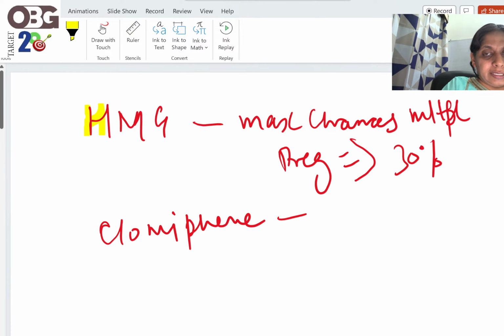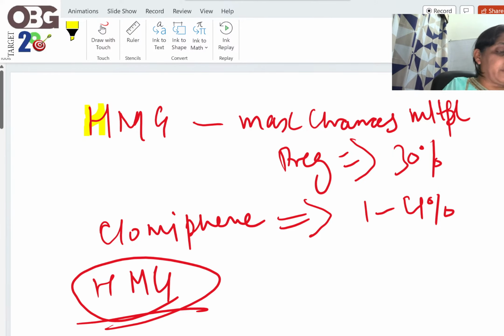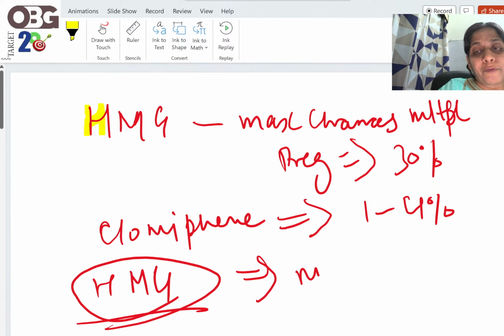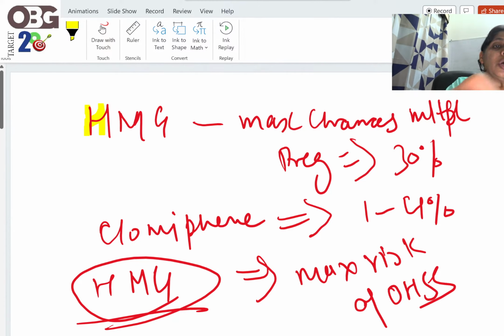We discussed it. The chances are 1 to 4%. And HMG, again and again they have given you 3-4 times, 3 times in NEET PG and 1 time in FMGE, that HMG is responsible for maximum risk of OHSS, ovarian hyperstimulation syndrome.